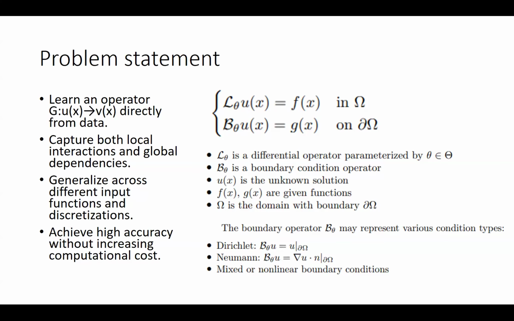L theta is a differential operator parameterized by theta, and u of x is the unknown solution. And the second one is B theta of u of x equals g of x on the boundary of omega. Here B theta is a boundary condition operator, g of x is another given function, and the boundary of omega is the boundary of the domain.